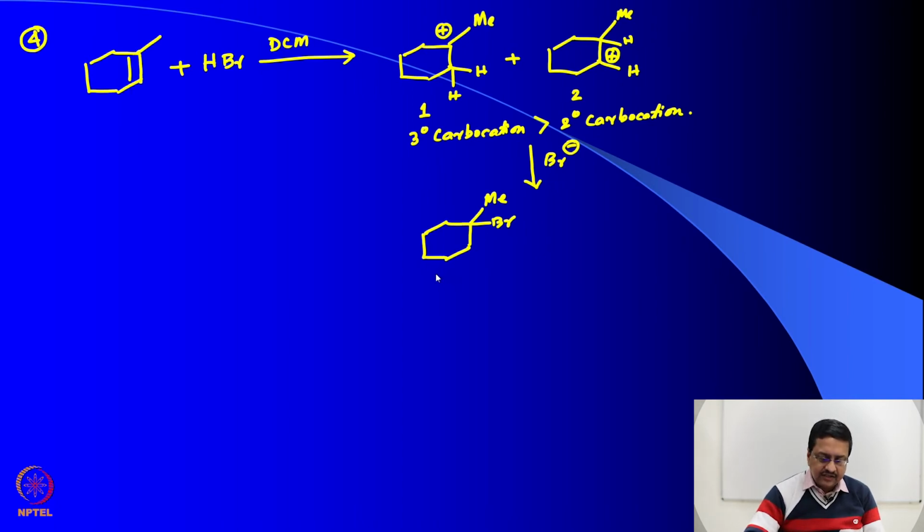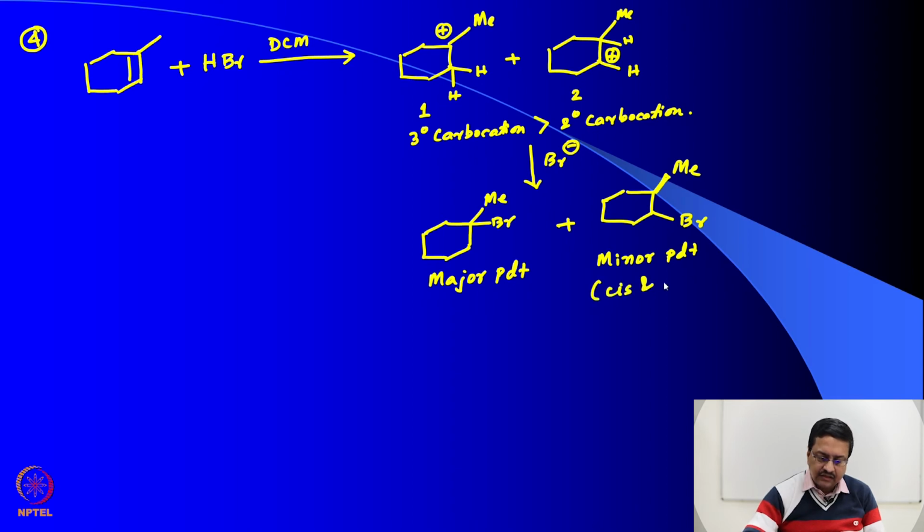So you will get this as a major product, and this will be the minor product, which will actually be a mixture of cis and trans isomers, because now the position of methyl, whether it is above or below with respect to the bromine, becomes important, and you will get both cis and trans isomers.